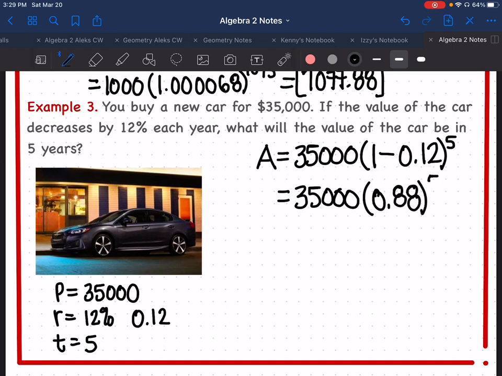This is how I know it's decay if I just see the problem written. This is how I would know that I have decay because it starts with a 0 instead of a 1, okay? I'm just going to go ahead and pop this into a calculator, and this really hurts.